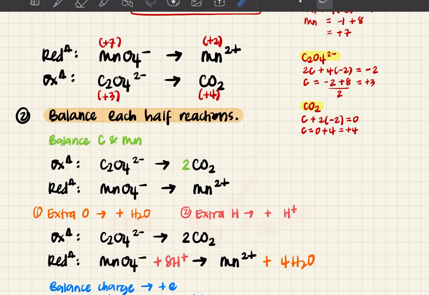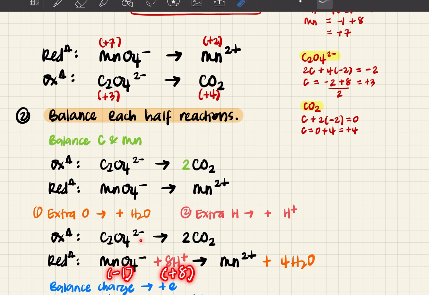Okay? Right. So untuk yang bottom ni, your reduction half equation, MnO4 minus, the charge will be minus 1. Okay, and then you have 8H plus, that will be berapa? Proton plus 8 lah. Okay, so maksudnya overall charge on your left will be berapa?